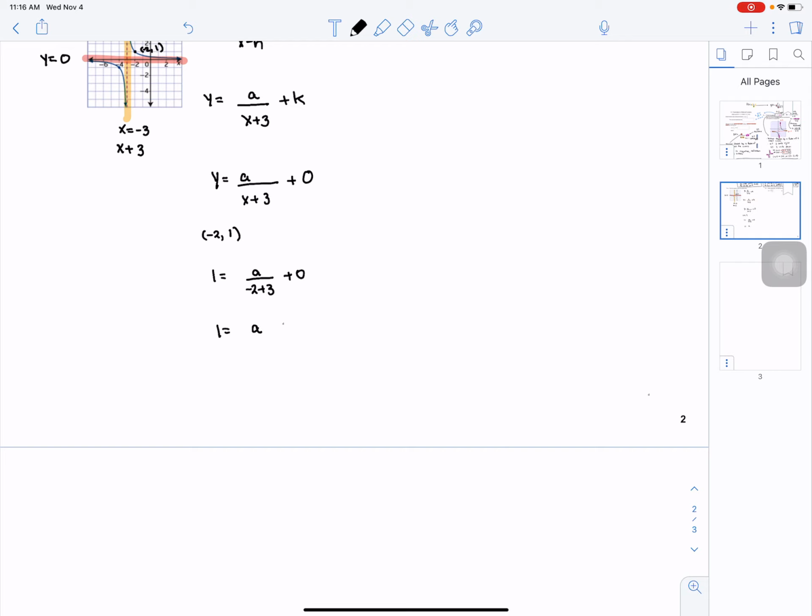So a is just equal to 1, and then I'm okay to write my equation: 1 over x plus 3 plus 0, which would be finally this graph right here. So this is just telling me my graph had moved 3 units left from where it would normally sit.